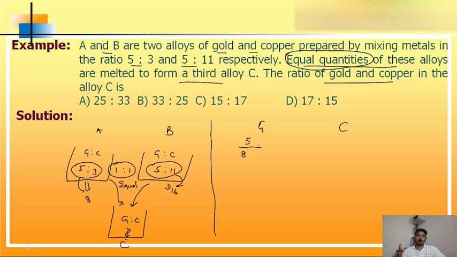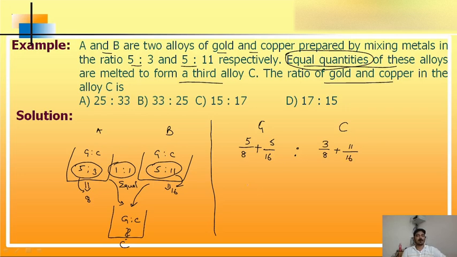In alloy B, now we are adding these two quantities in order to form a third alloy, that's why I am taking the plus symbol here. The gold quantity is 5 parts out of 16 parts. Similarly, we consider the copper quantity: copper is 3 parts out of 8 parts plus 11 parts out of 16 parts.